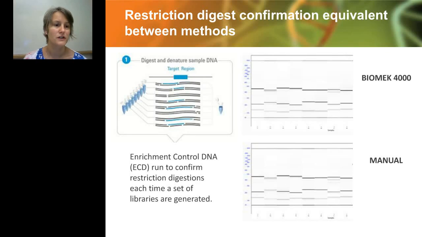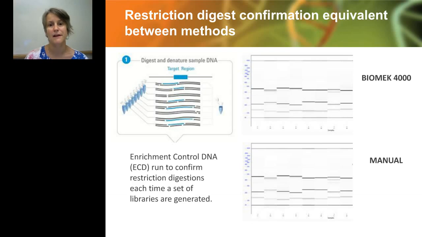So the first step after the restriction digest, there is a confirmation step on the fragment analyzer. And here I'm just showing that independent of whether we prepared this step manually or on the BioMek 4000, the restriction digest pattern is the same across the 8 restriction digest reaction mixes.